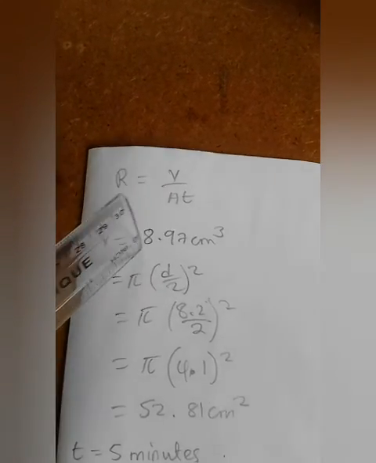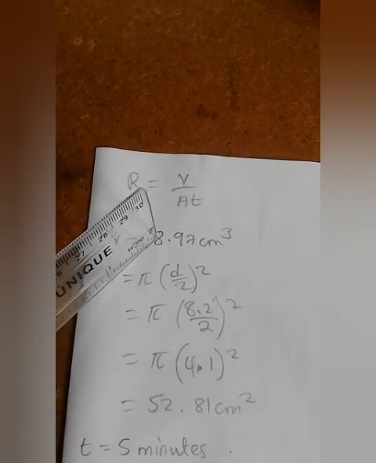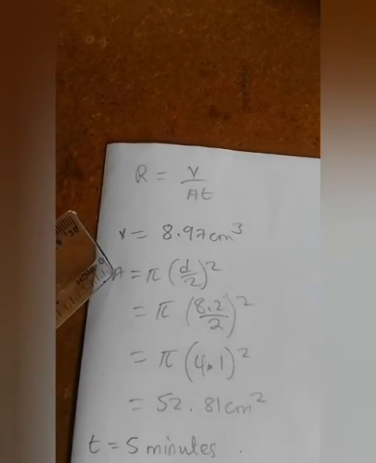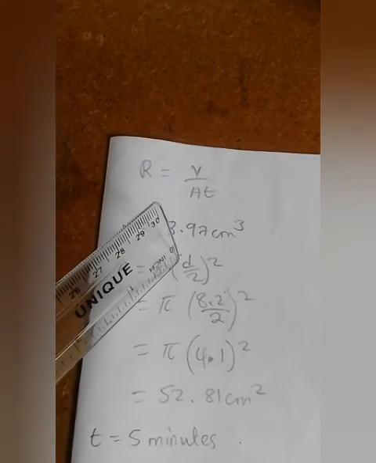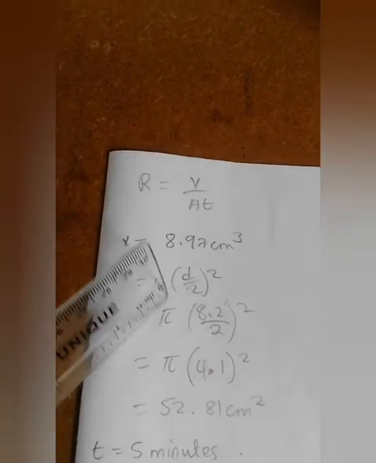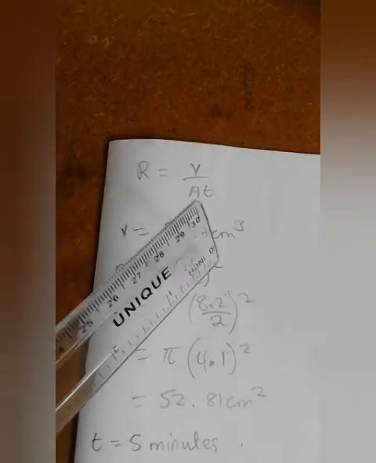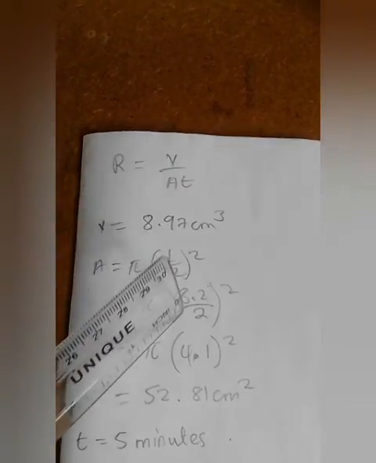The volume of rain I collected was 8.97 centimeters cubed, and the area at which it was falling is the diameter of the cup I put in the rain divided by 2, squared. That's like pi r squared. This is the radius right there.